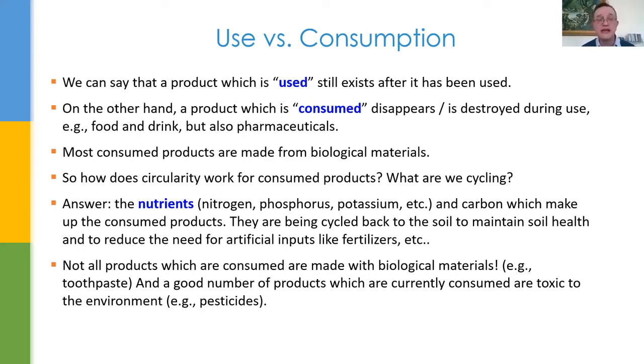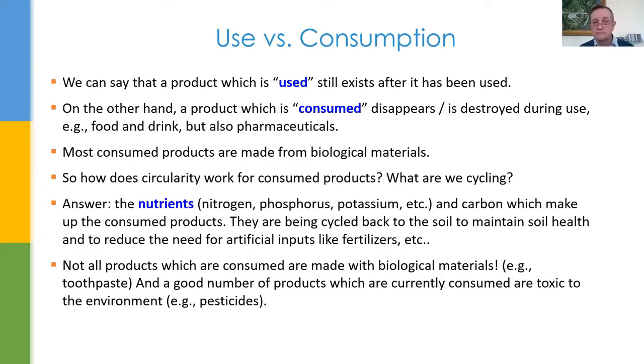Well, the answer to that is that we are cycling the nutrients, primarily the nitrogen, the phosphorus, the potassium, and so on, that are embedded in those biological materials, as well as the carbon, which is also embedded in those products. And it's they that are being cycled back to the soil to maintain soil health and to reduce the need for artificial inputs like fertilizers and so on.